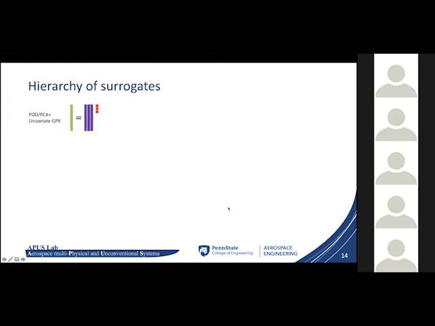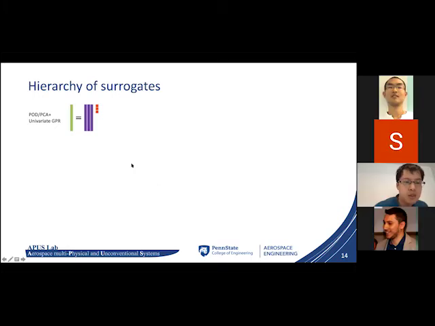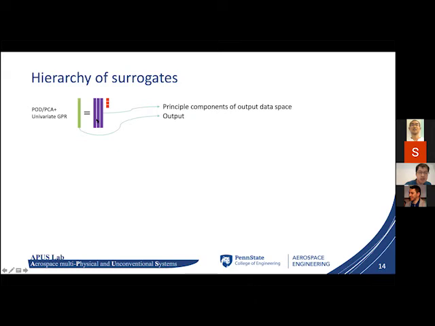So first of all, it's our conventional ROM, where the green column is our output, a high-dimensional vector output, and the purple columns are essentially a collection of the principal components of our samples, the sample output.